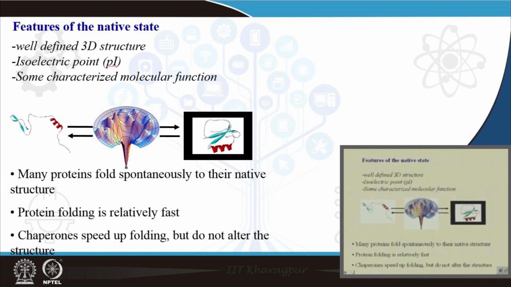Basically, I spoke about Levinthal's paradox last time, where there were a multitude of open conformations that were possible for the polypeptide chain, but it formed this single native structure. So what is happening now is when it forms the native structure, we have all these interactions taking place.